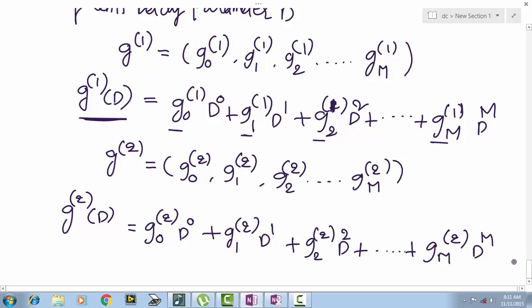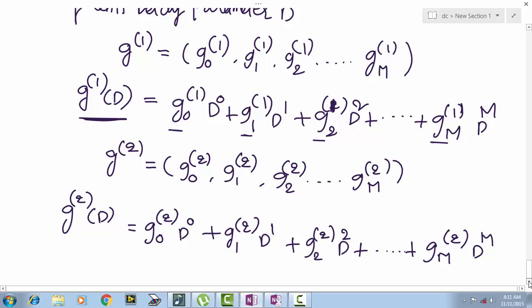Sorry, earlier I wrote g2 of 1 here. The polynomial is a function of the unit delay parameter D, and the coefficients of the generator polynomial are nothing but the elements of the generator sequences.